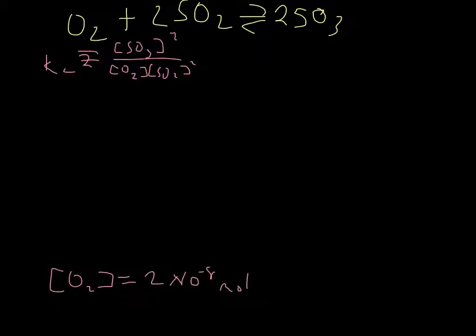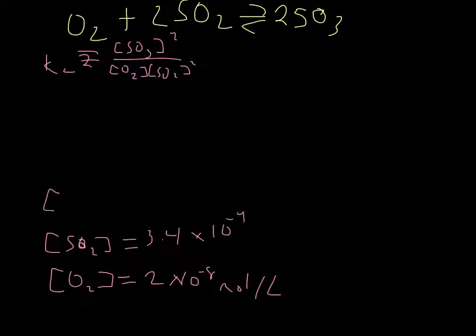You will usually be dealing with pretty small concentrations, I would say, as a general rule. So if you get something like 8,000 moles per liter, it's probably wrong. Try it again. And I tell you that the concentration of sulfur dioxide is 3.4 times 10 to the negative 4.